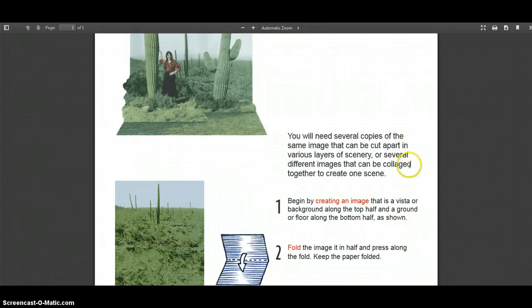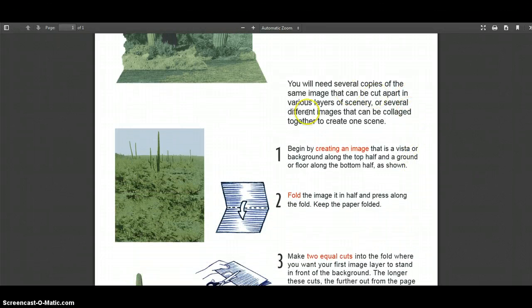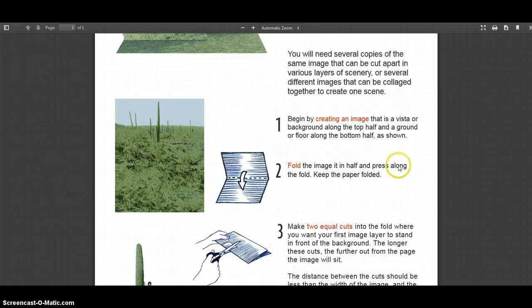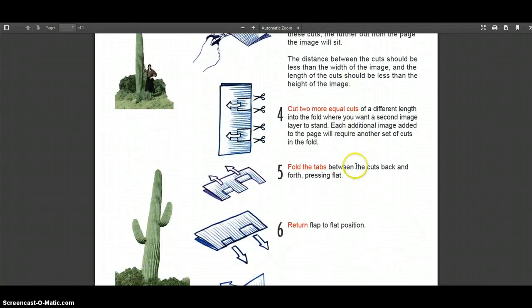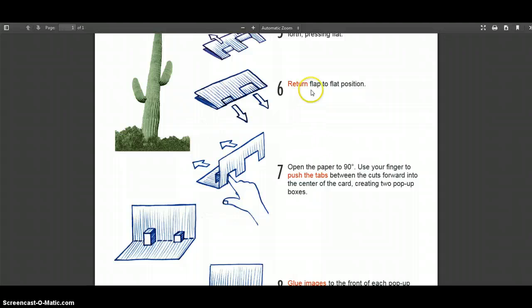Alright, here we go. So as you can see, it gives you specific instructions. Create an image, fold it, cut it, and all of this cool stuff.